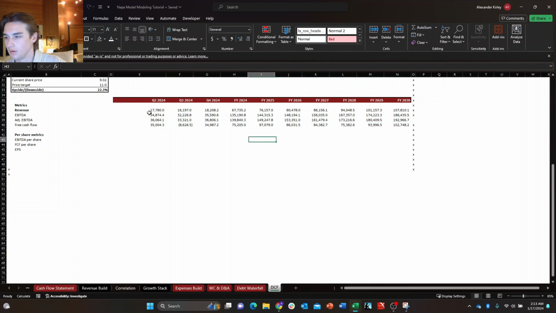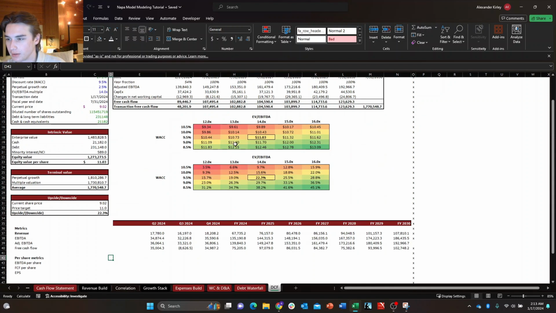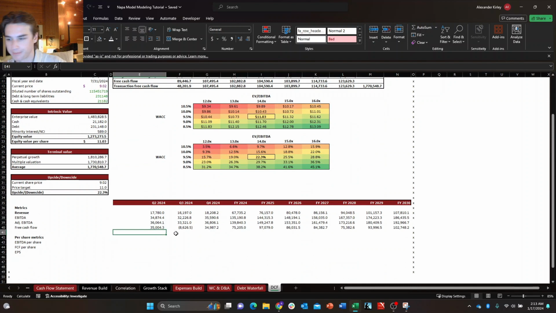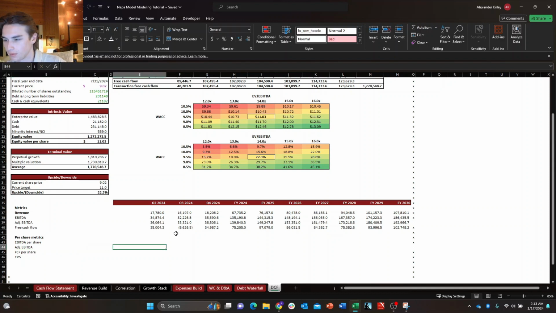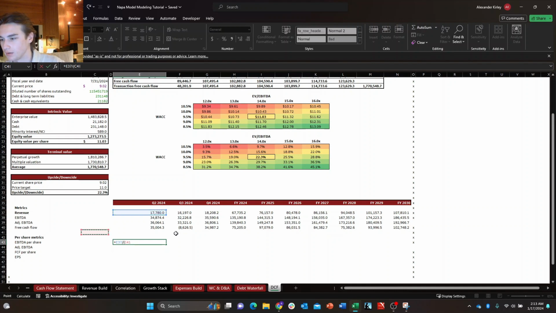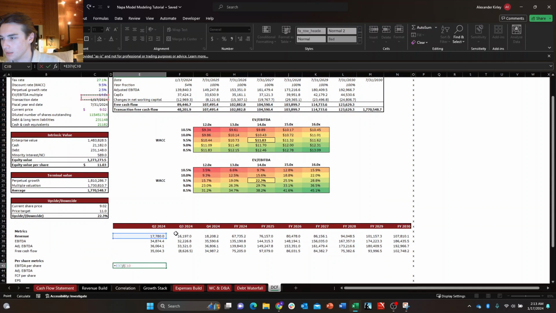Excellent. Then per share metrics, it'll be pretty straightforward. Format this, divided by diluted number of shares outstanding.